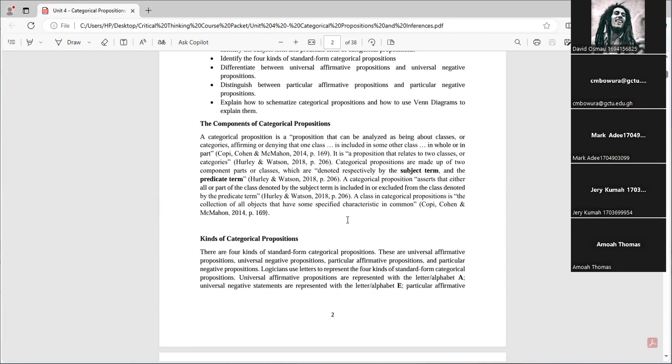In other words, it claims that all members of the subject class are included in the predicate class. Universal affirmative.